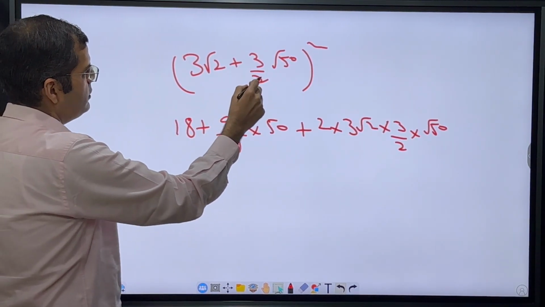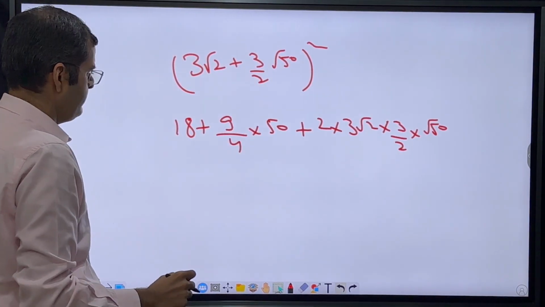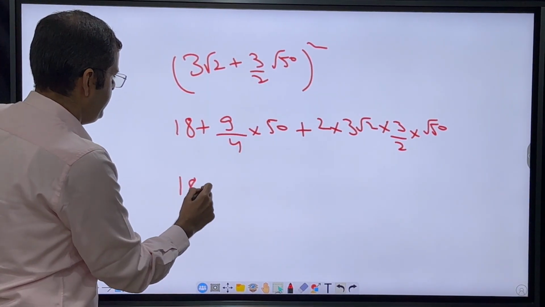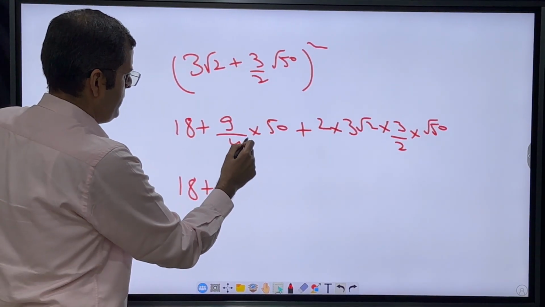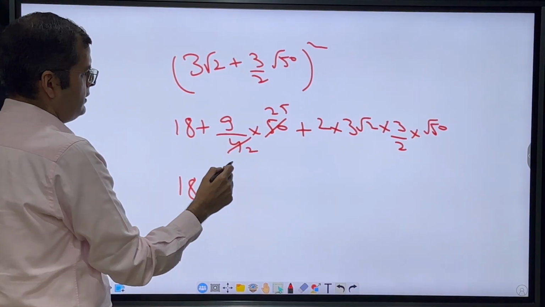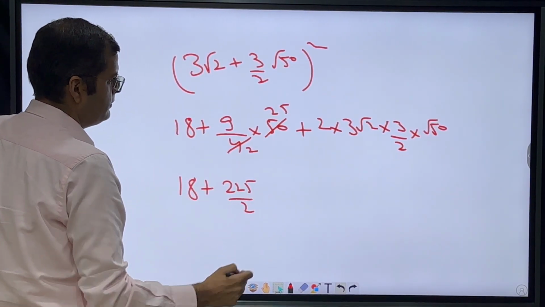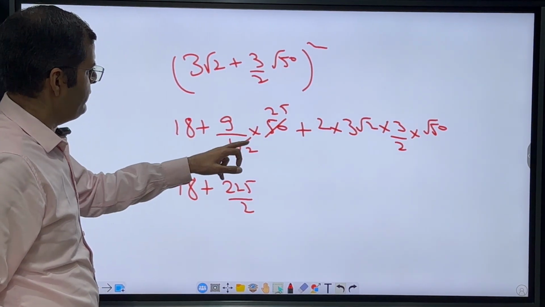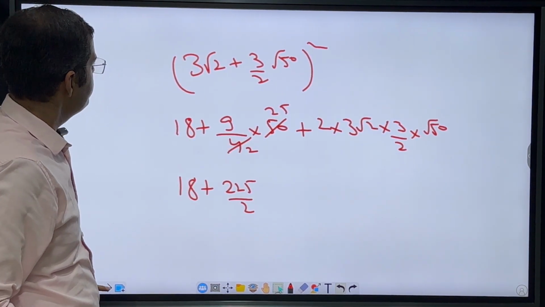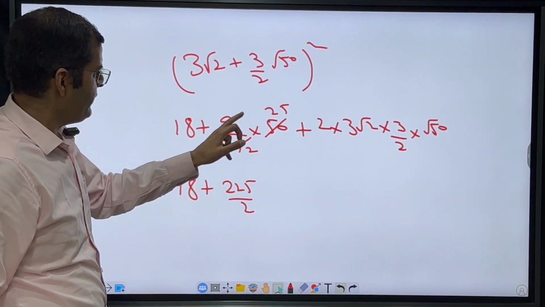This is 3 by 2 whole square, 9 by 4 into 50. So this becomes 18 plus 225 by 2. Yes, 9 into 25 is 225.